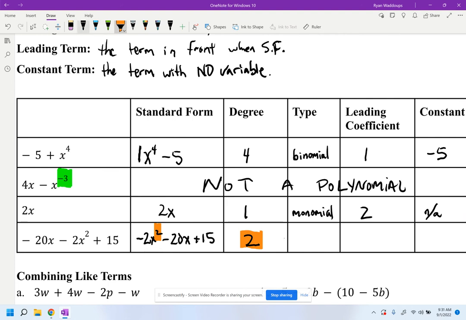That's what causes the degree, the exponent on the leading term. Type, there's 1, 2, 3 terms, so this is a trinomial. And the leading coefficient, negative 2, and the constant, 15.